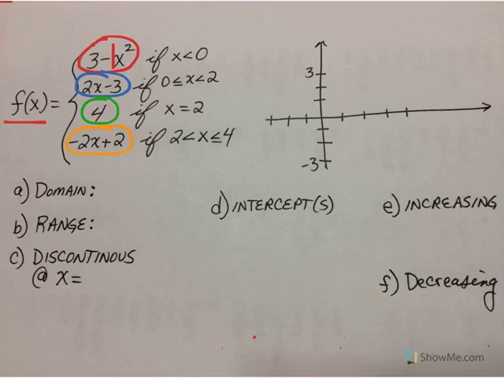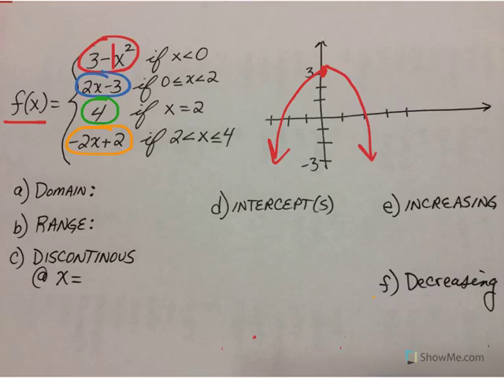That plus 3 moves the graph up 3 units. So my vertex is at 3 here on the y-axis, and it's just a sad face. Now I could plot a bunch of points to find out how wide this thing is and make it more accurate, but for this purpose I'm just trying to do a sketch here.